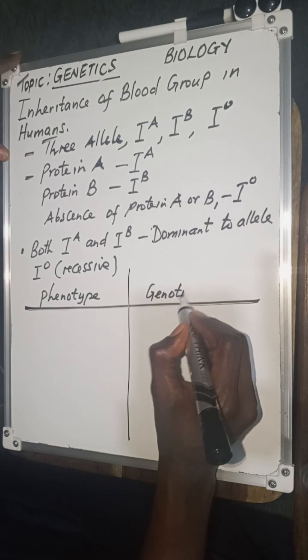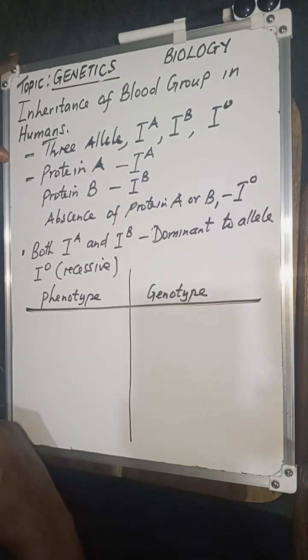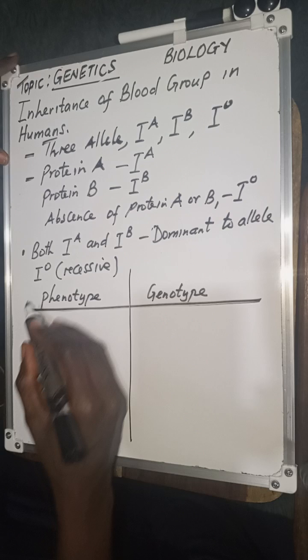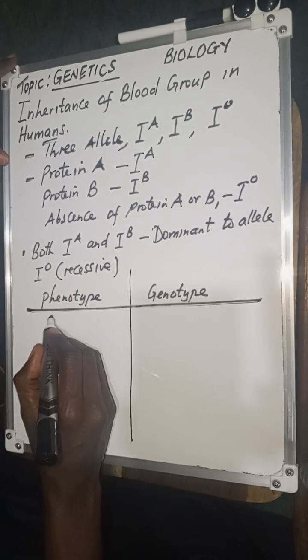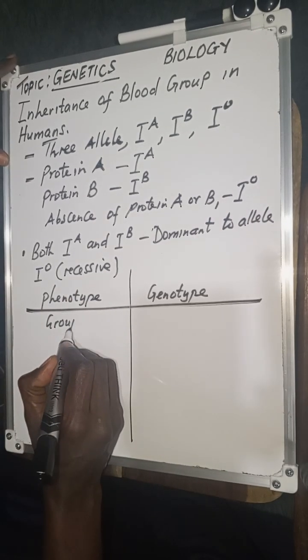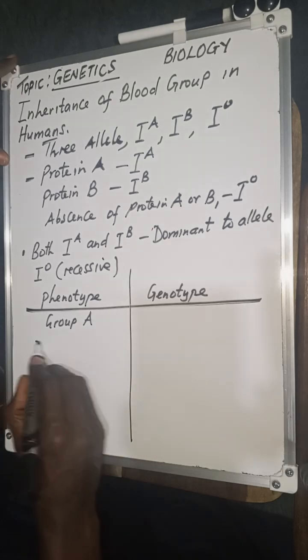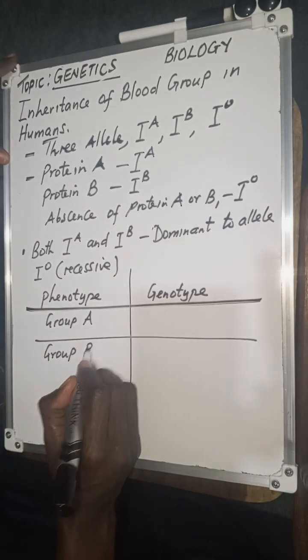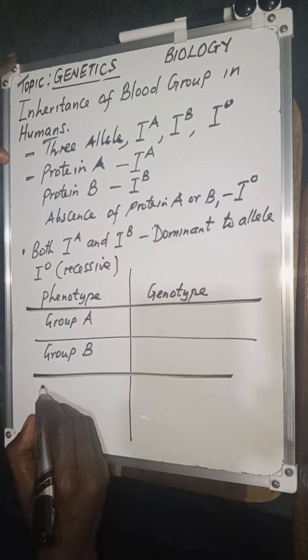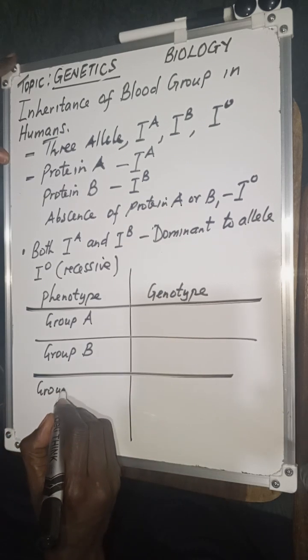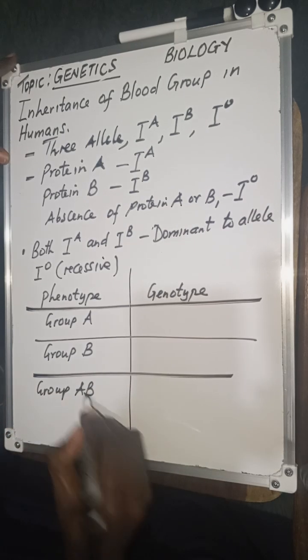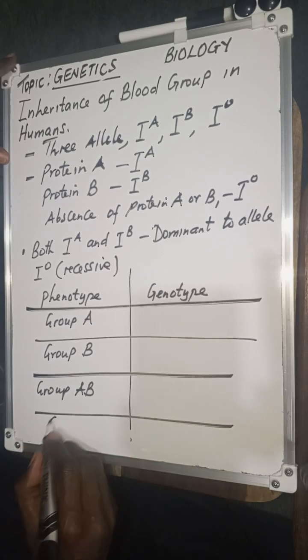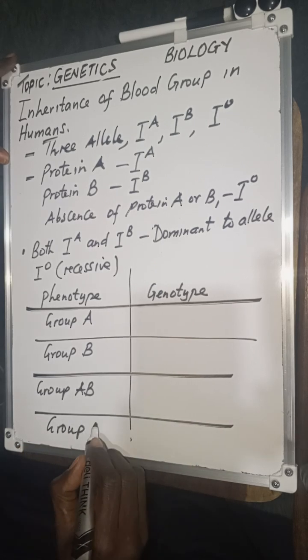Then the genotype is what is found inside of your genes. So in human beings, you can have a person who is in blood group A, another in blood group B, others in blood group AB, or others in blood group O.